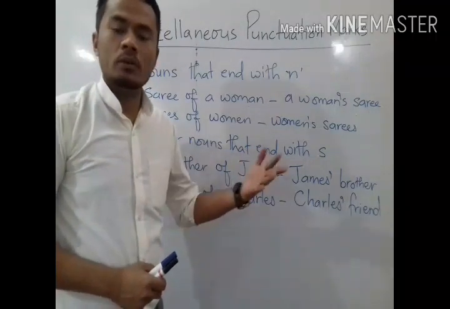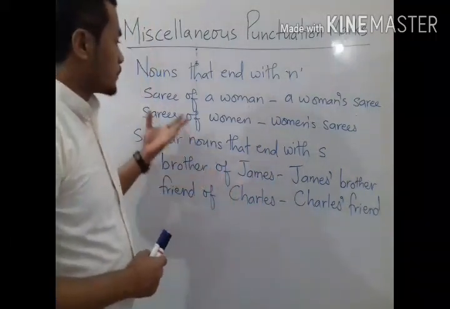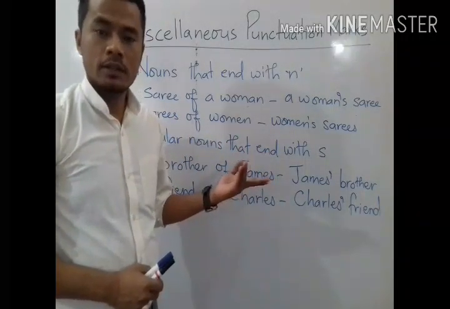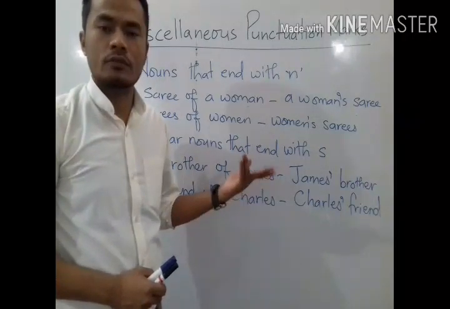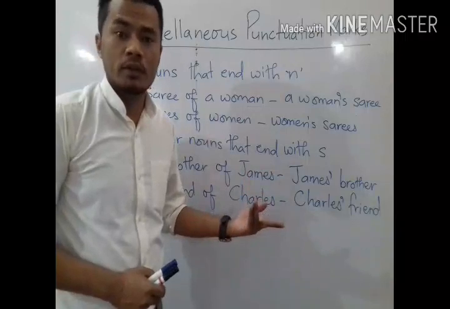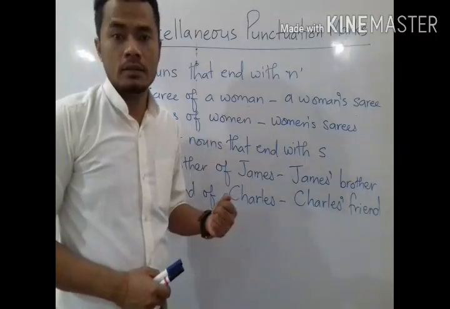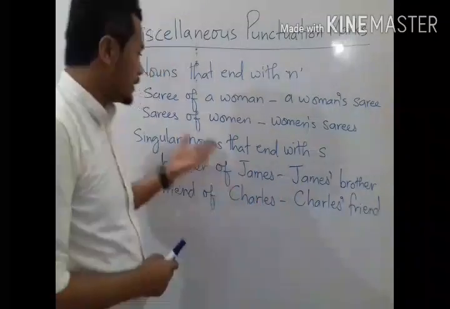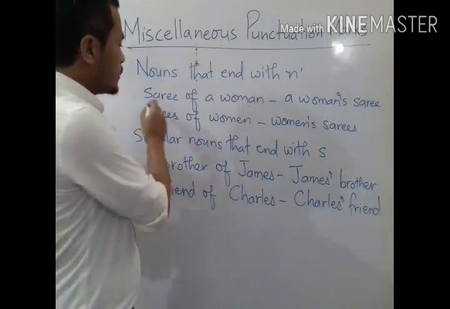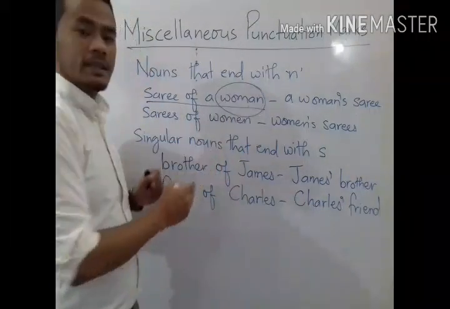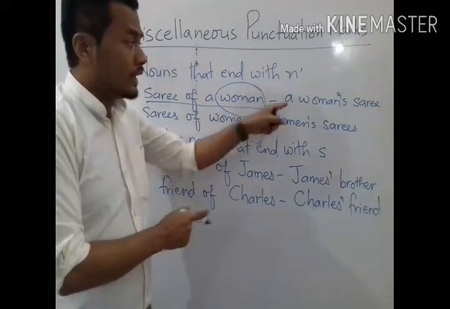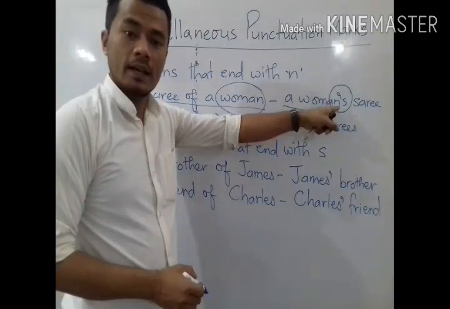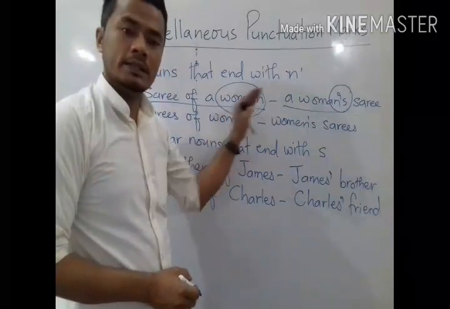But this is not applicable to all nouns. In the case of those plural nouns that do not end in s, we have to use apostrophe s in the plural case also. Understood? Like here, sari of a woman. Woman is the noun that possesses the sari, so we show the possessive case of woman: a woman's sari. This is fine because it is in the singular case.